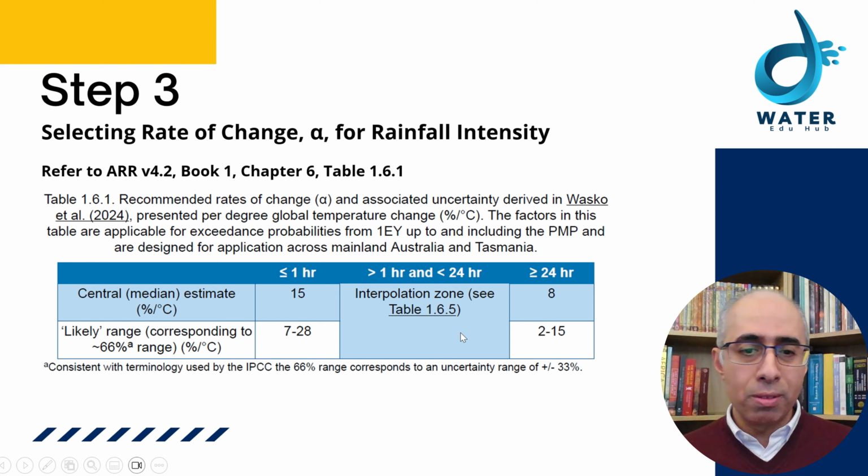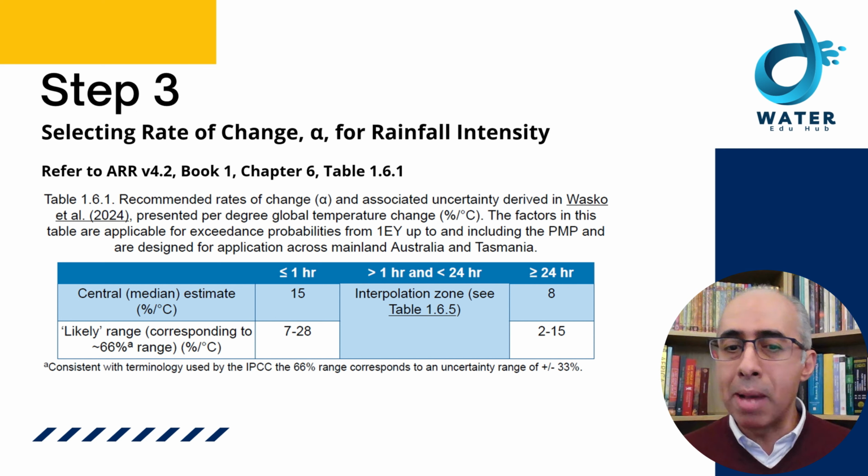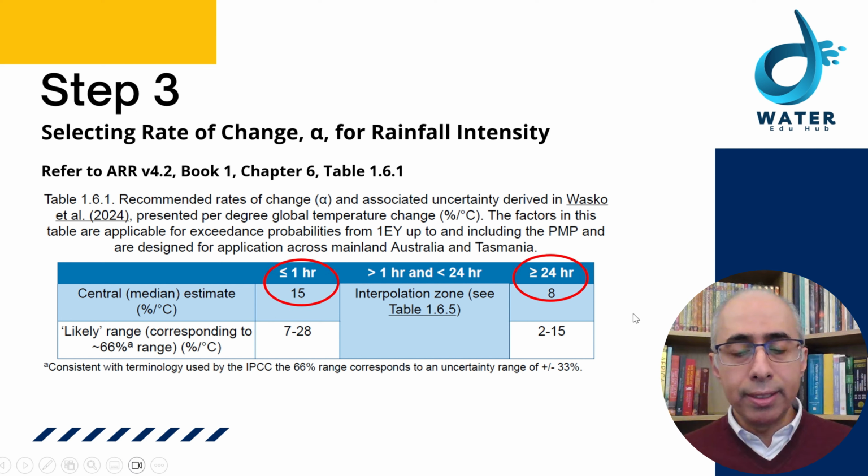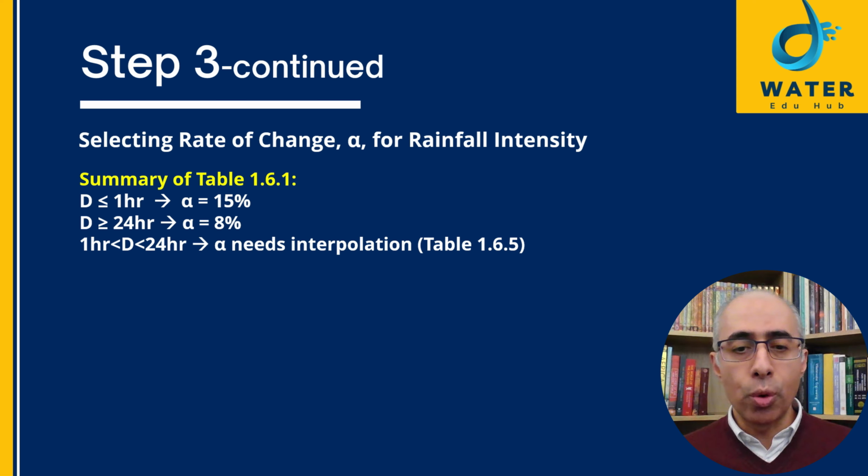And of course, the alpha value should be something between 15 and 8. And for that one, a dedicated table 1.6.5 will help us to get the interpolated alpha value. So you don't need to do anything manually. The numbers are provided, and I will show you later when I get to that point. So these are the 2 zones as I mentioned earlier, and interpolation zones for anything in between.